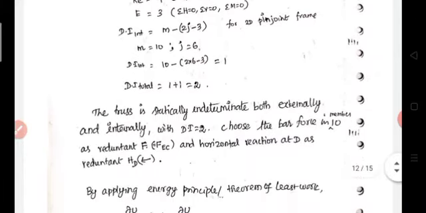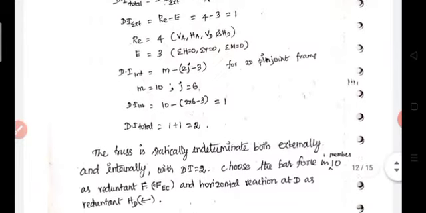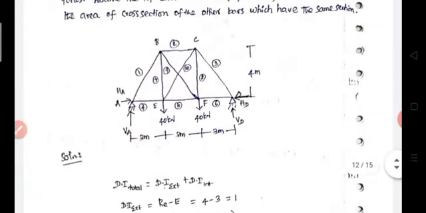So total indeterminacy is 1 plus 1, which is 2. The truss is statically indeterminate both externally and internally with a total degree of indeterminacy of 2. After determining the degree of indeterminacy, we have to select the redundant forces. The given truss is externally 1 degree indeterminate and internally also 1 degree indeterminate.